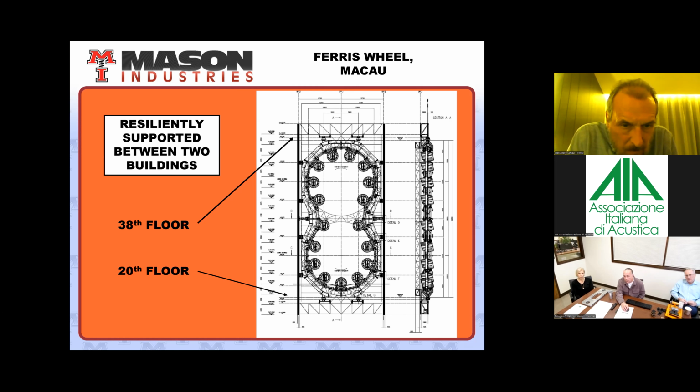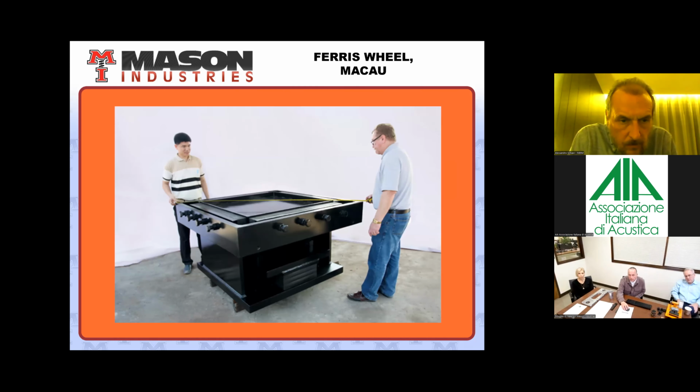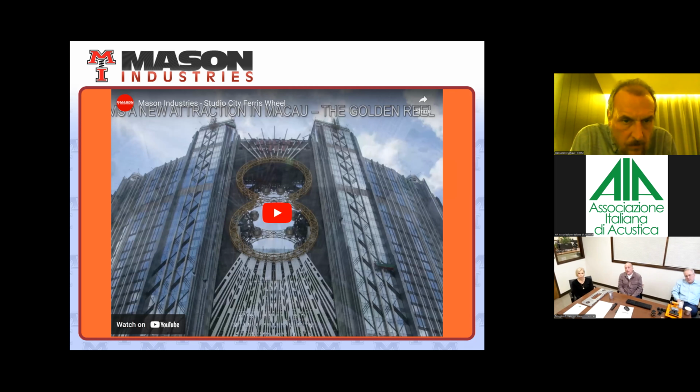So the idea was, what type of bearing do they need? What type of isolation efficiency do they need? What deflections required? And we worked on the whole project and basically established the proper design, got it certified, tested, and installed. And that's a typical bearing right there. And that's what it looks like today.